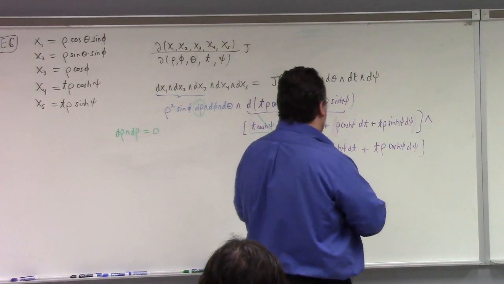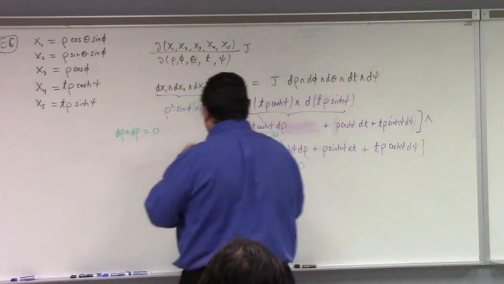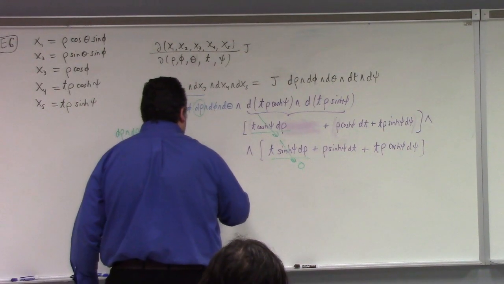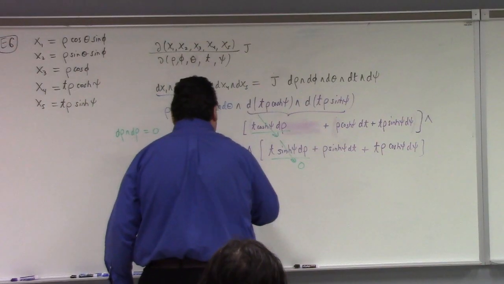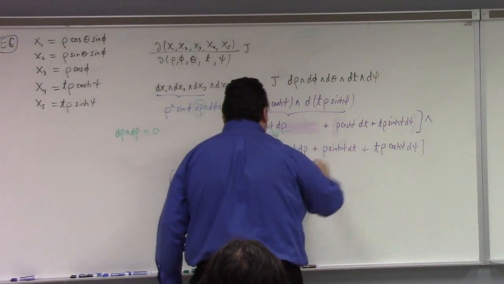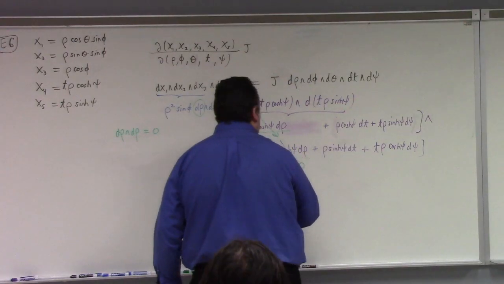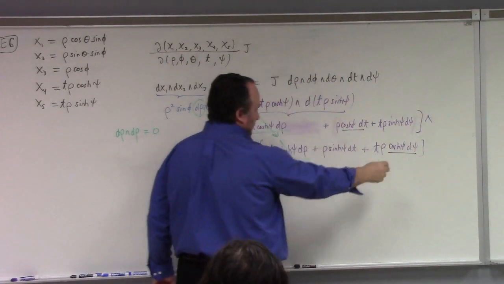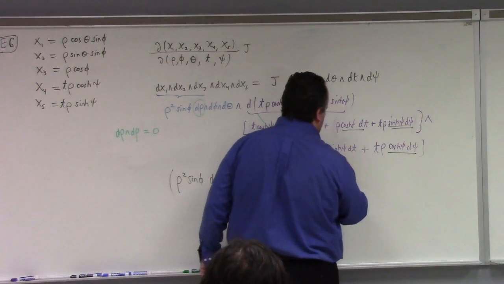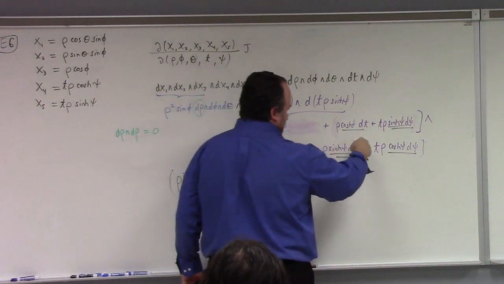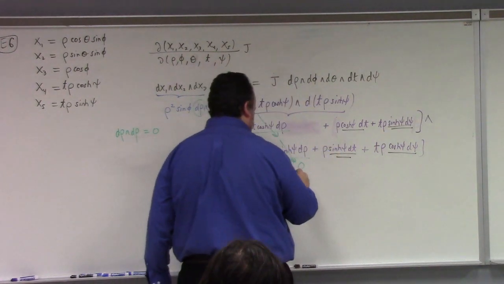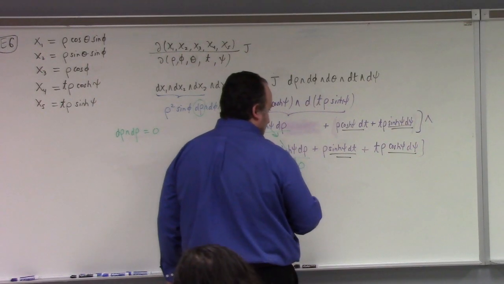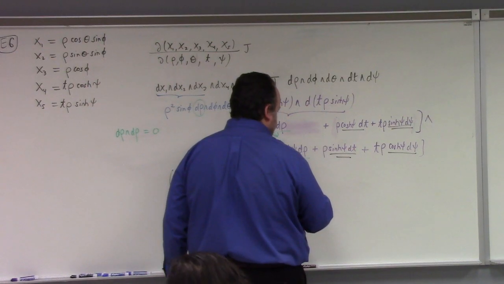Pulling the rho out, we have rho squared sine phi d rho wedge d phi wedge d theta times, factoring out the rho, there's two rows, so I get a rho squared. Then the cosh phi d psi gives me cosh squared, and this wedge that gives me a sinh squared, but it's d psi wedge dt rather than dt wedge d psi, so that gives me a net of t, dt wedge d psi.